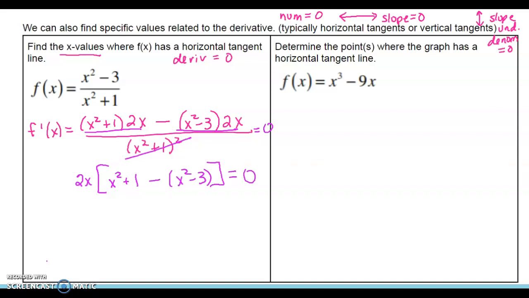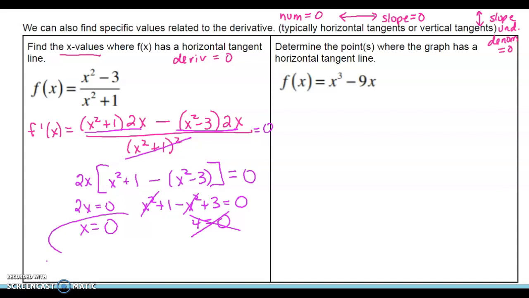And since I'm setting it equal to 0, factored form is better because then I can just split them up and solve. So divide by 2. So at x equals 0, I would have a horizontal tangent. My x squareds actually cancel out, and I'm left with 4 equals 0, which doesn't have anything to solve, so that didn't give us another solution. So there's only one x value that has a horizontal tangent.